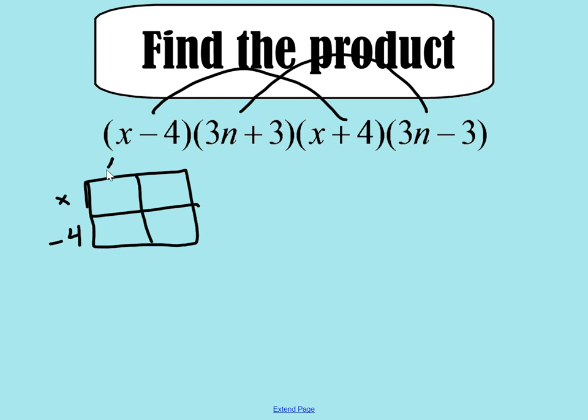Okay, so I have x squared, 4x, negative 4x, and negative 16. So that gives me an answer of x squared minus 16. And then I'm going to go ahead and do the 3n plus 3 and the 3n minus 3.